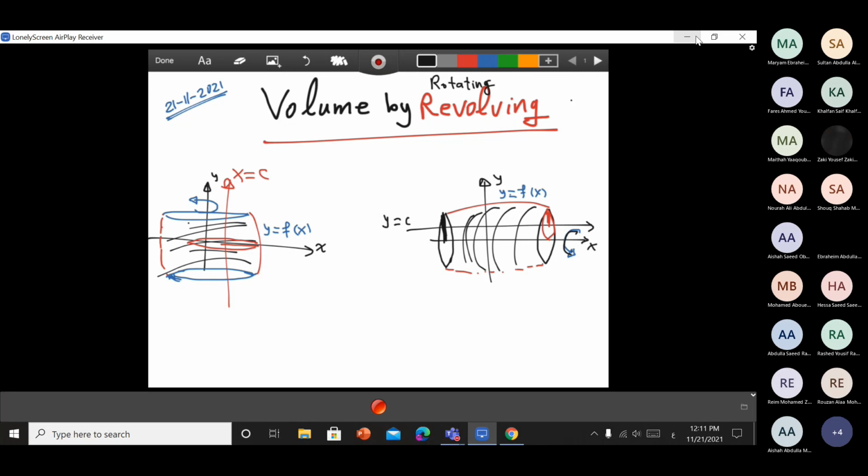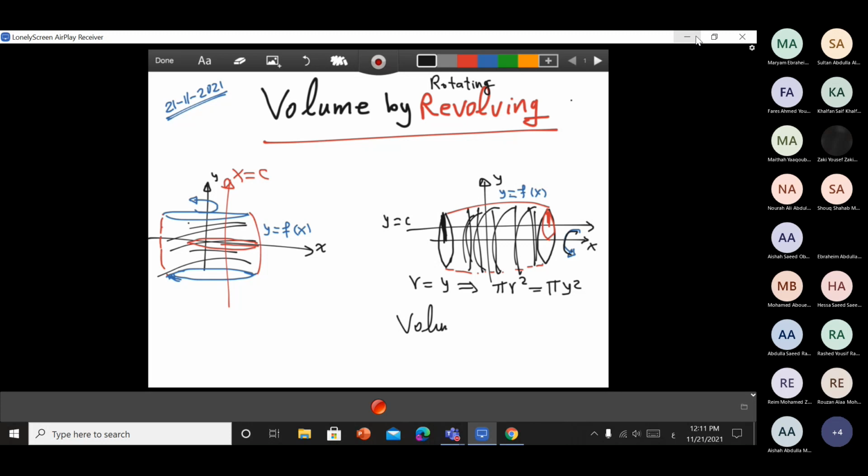The radius is vertical, so the radius of each circle will equal y. Fine. So the area of this circle is pi r squared, so it will be pi y squared. That's fine. So if I accumulate this slice, I will get the whole volume.